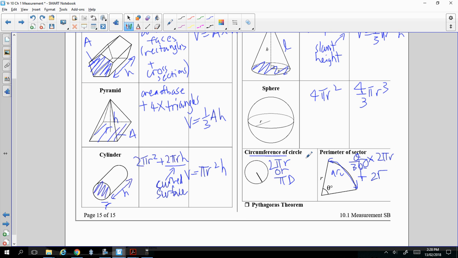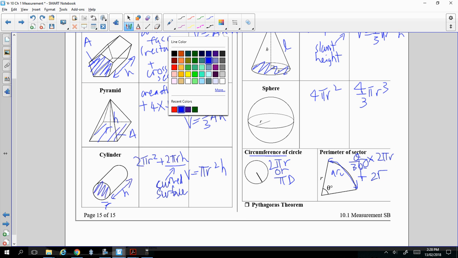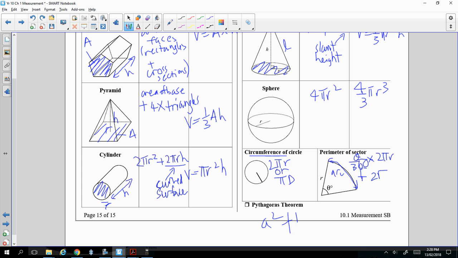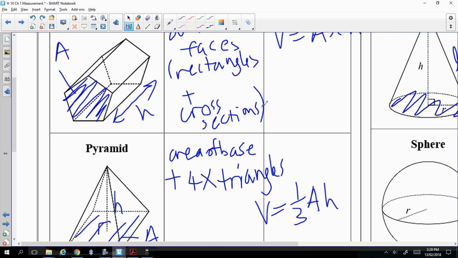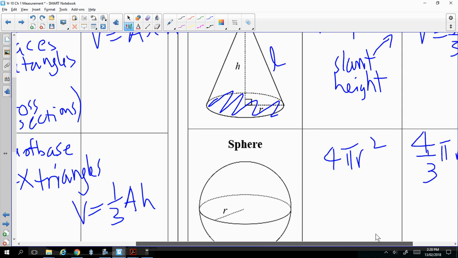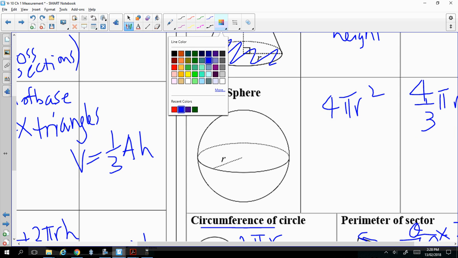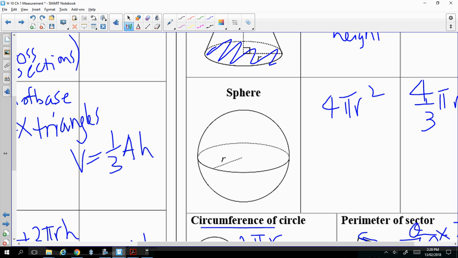Alright, one more thing. Now for the surface area of half a sphere, you've got to be careful. If you go half a sphere, you not only have to go 2 pi r squared, you also have to add the area of the circle at the bottom, pi r squared, right? Because once you cut this sphere in half, you have to include this area.